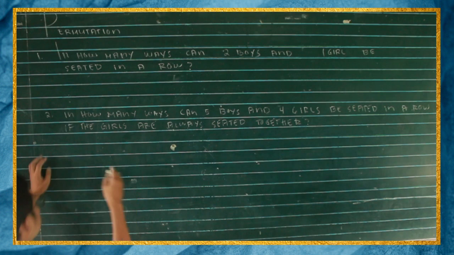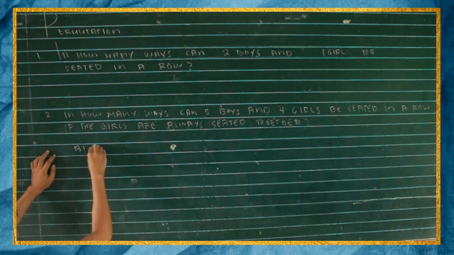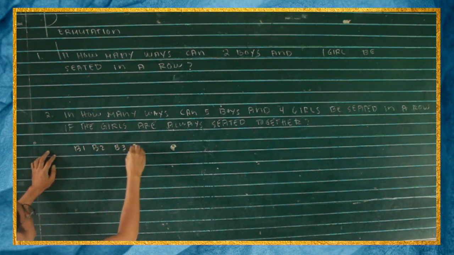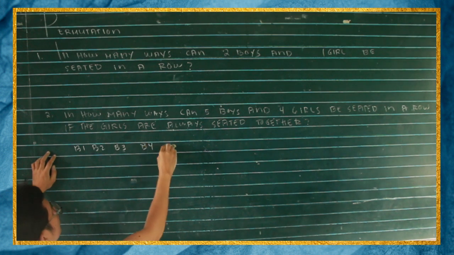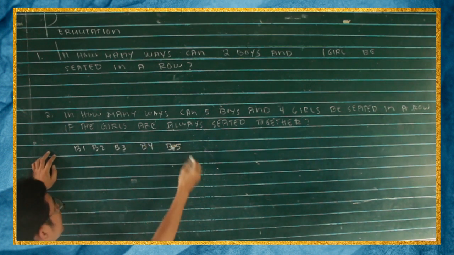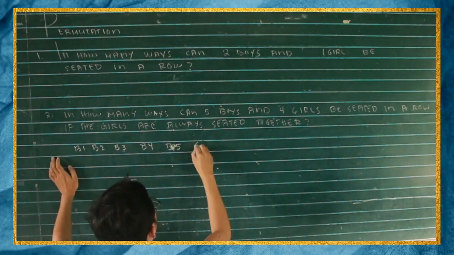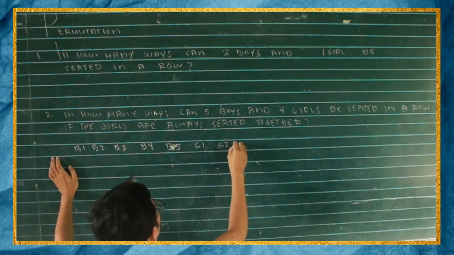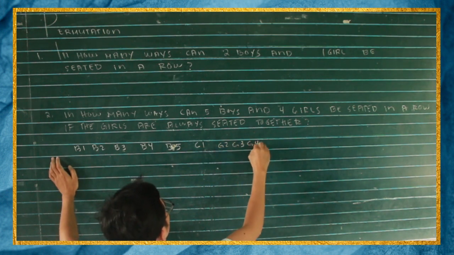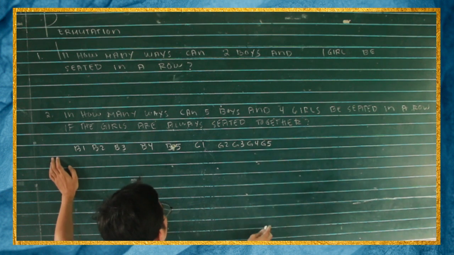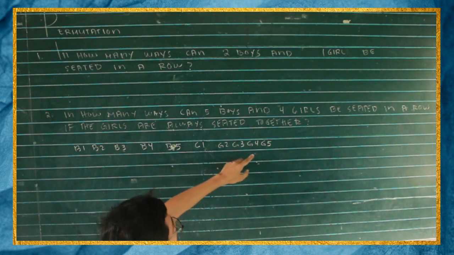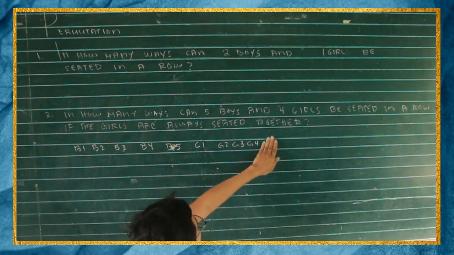So if we have boy 1, boy 2, boy 3, boy 4, boy 5, and then we have G1, G2, G3, G4. Kailangan yung girls ay G4 lang pala.